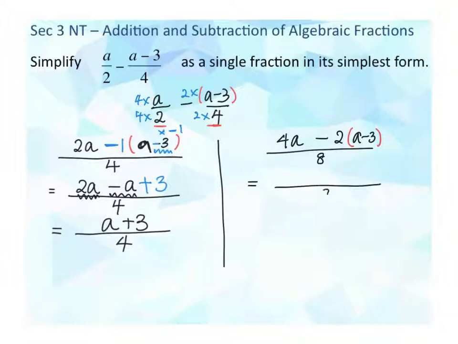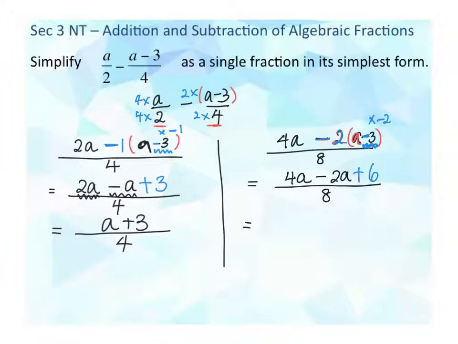And we will get 4a. Now be careful, there's a minus 2 times a over here. So this is minus 2a. And the one at the back, negative 3, will also be multiplied by negative 2. So negative times negative gives you positive. 3 times 2 gives you 6.